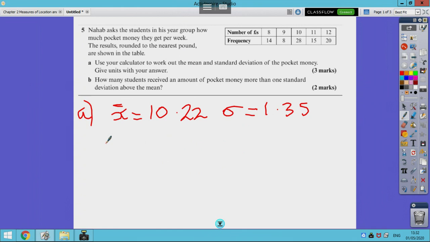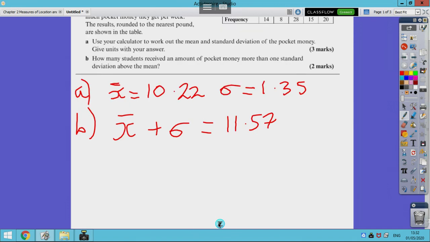The first thing we need to figure out is the number that is one standard deviation above the mean. So we just need to do the mean plus the standard deviation. Add those two numbers together and you get 11.57. Lovely. That's our location, and that's the thing we're going to substitute in to try and find n.